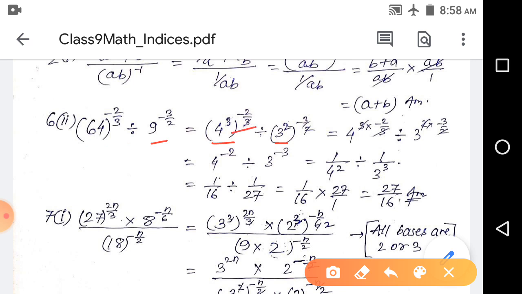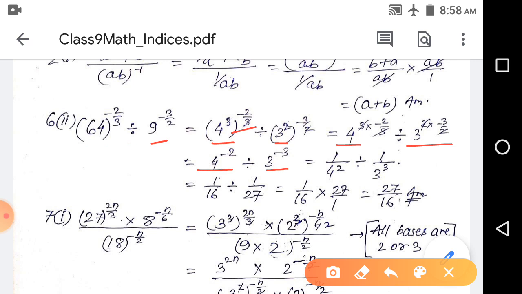So here we got 4 to the power 3 into minus 2 by 3, and finally it is 4 to the power minus 2 left. And for this second part, 3 to the power 2 into minus 3 by 2, the 2 cancels, and what is left is 3 to the power minus 3.